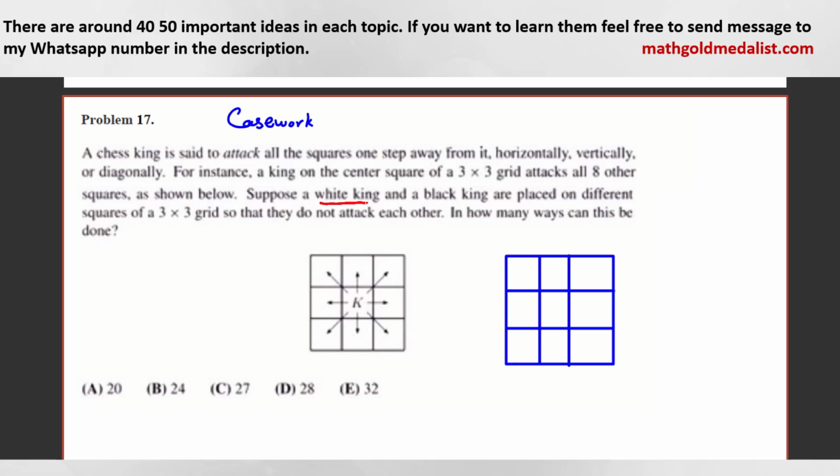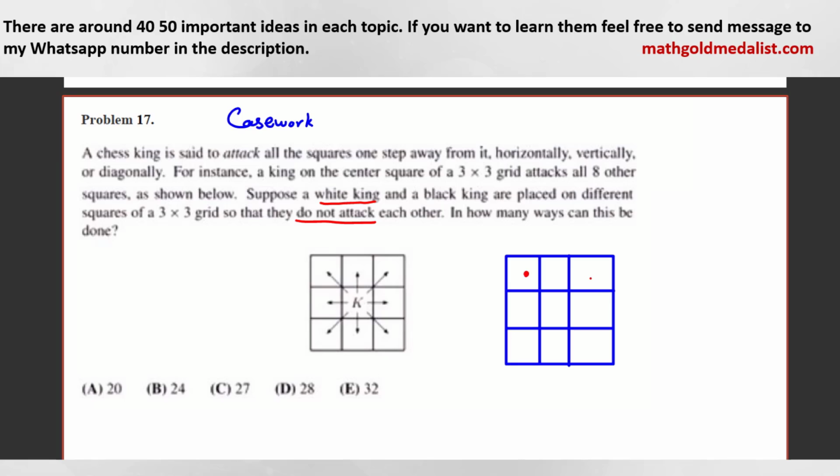Here I use casework on the white king. If the white king is here, it attacks these cells. But the problem says they shouldn't attack. So how many cases are there?